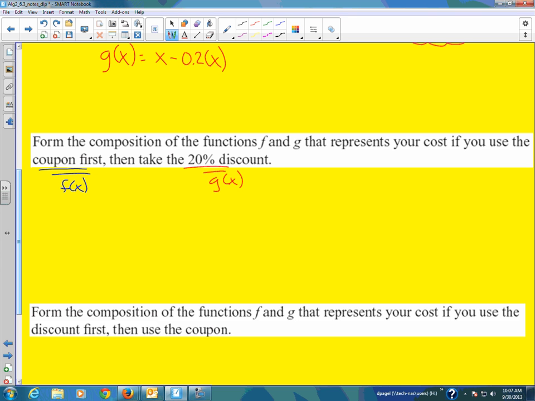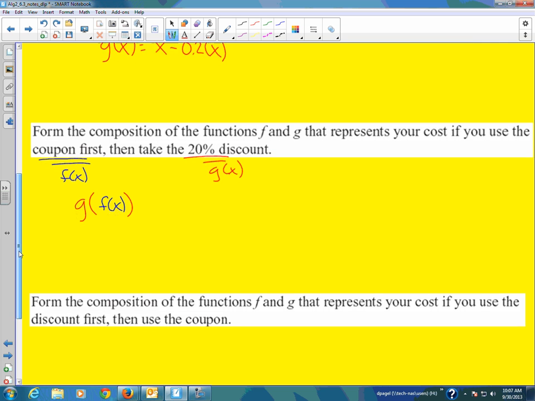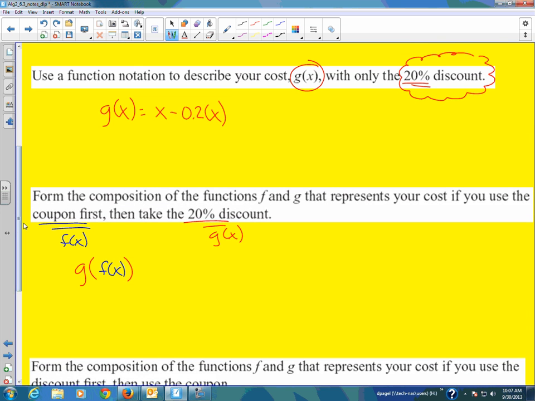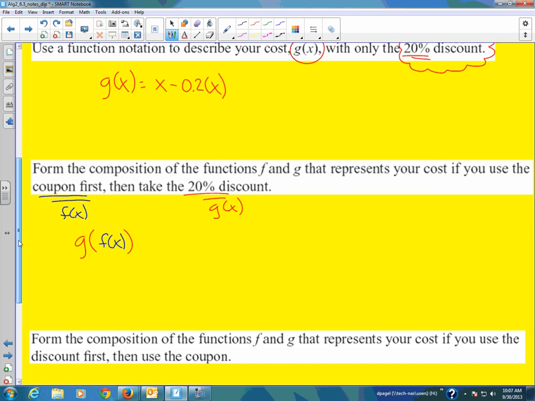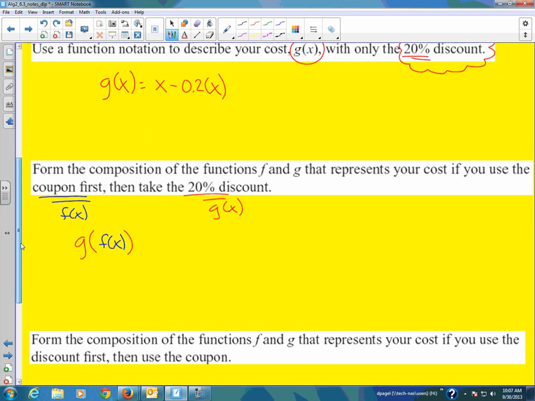Because we're doing our coupon first, we have g of f of x. We take that and plug it into the g function. So we're doing a g of f of x here.